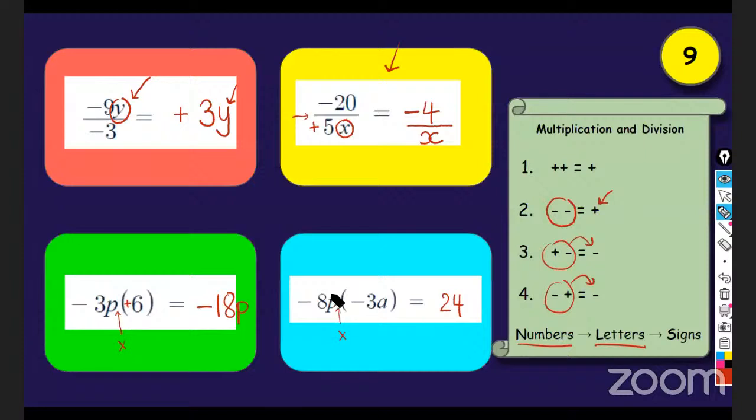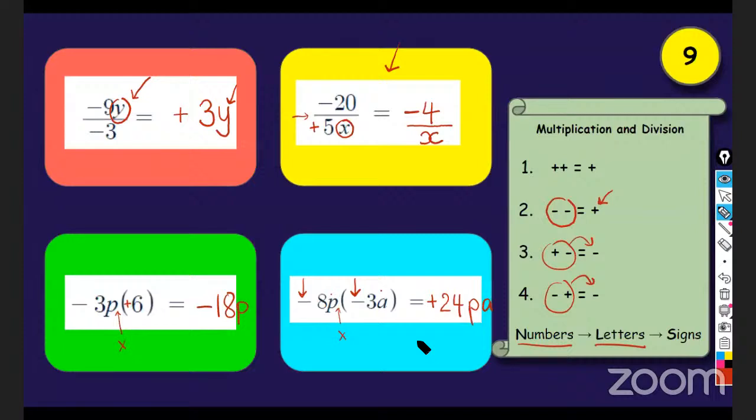The two letters involved are P and A. So you put back the P and the A, or you can put the A first and then the P. Like I said, the examiner is not going to care. In multiplication and division, you have to put back all the letters involved. And from the rules here, here's a minus and here's a minus. Two minus signs in multiplication or division give you a positive. So positive 24 PA or AP. Doesn't really matter which order.